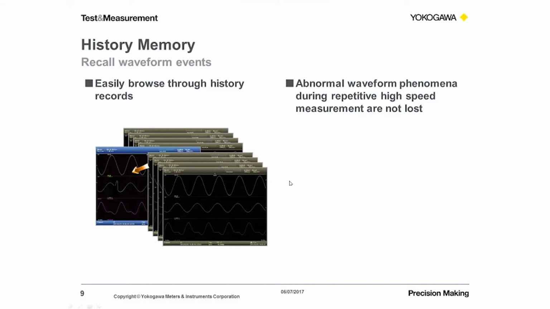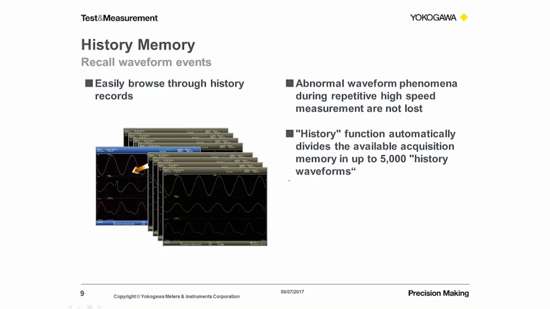So, for instance, if you do not know precisely what your abnormal waveforms look like, therefore you can't set up a trigger just to capture those abnormal waveforms, it means that they will be saved within the history memory, and then you can go through those history memories and find what those abnormal waveforms look like, and potentially then set up your triggers on those particular waveforms to capture just the abnormal ones you're looking for.